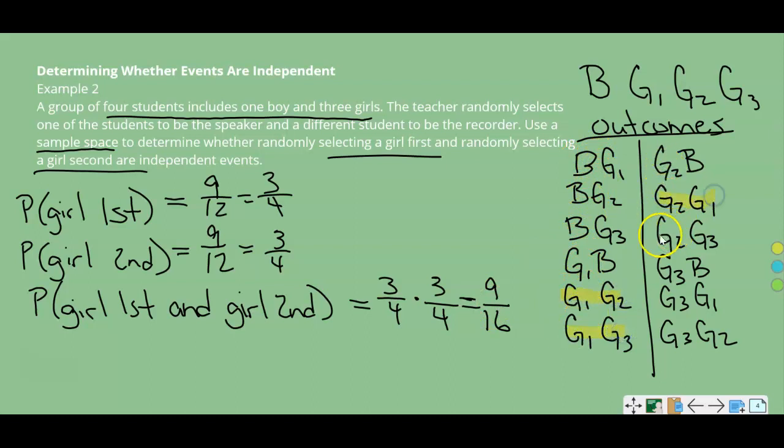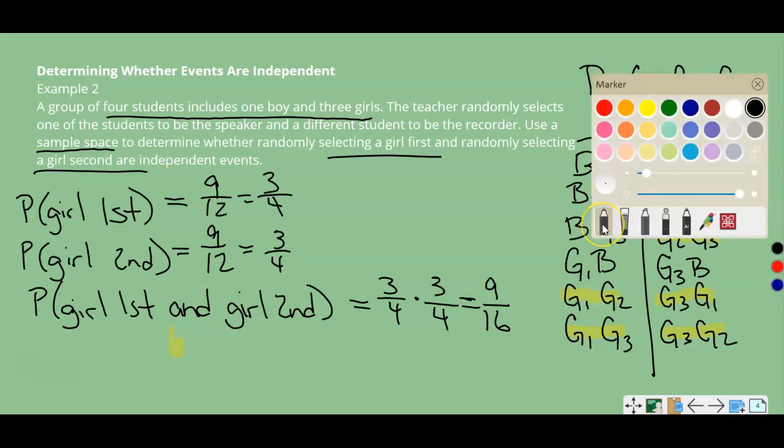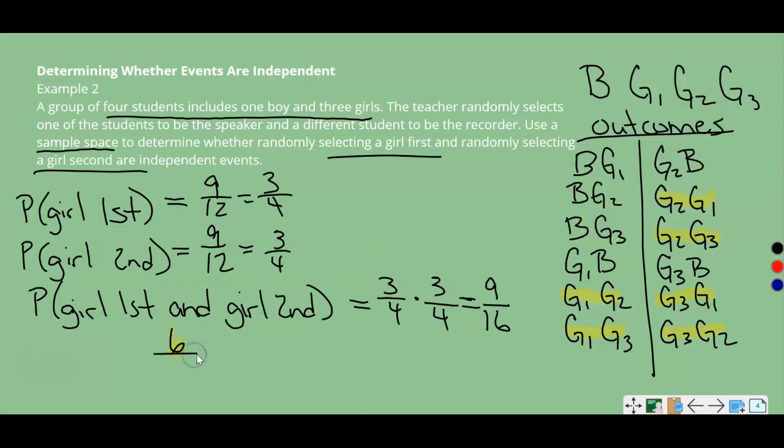Girl first and a girl second. And a girl first and a girl second. So that's going to be 1, 2, 3, 4, 5, 6. So that's going to be 6 out of 12. So 6 out of 12 is 1/2.